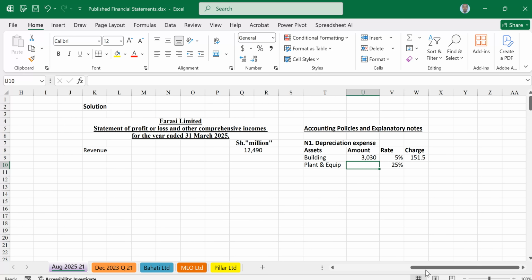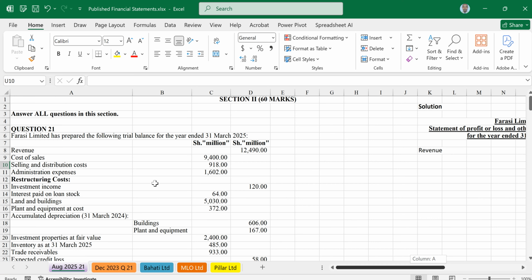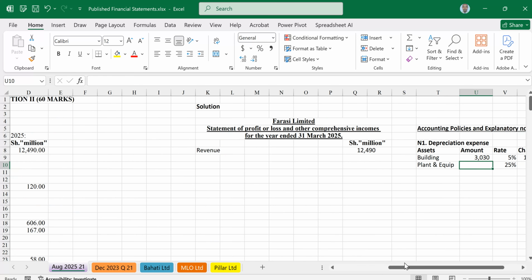Of course, the cost of plant and equipment, because it's reducing balance method, is 372,167.